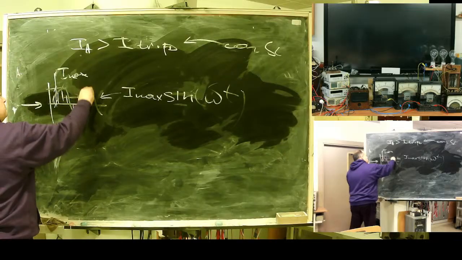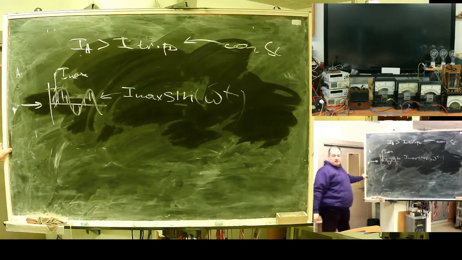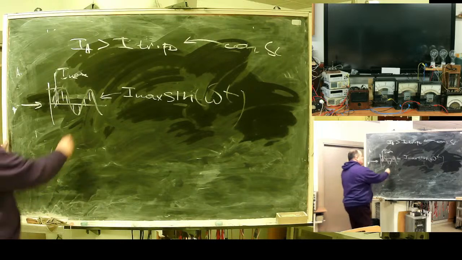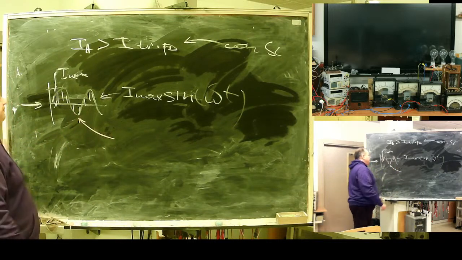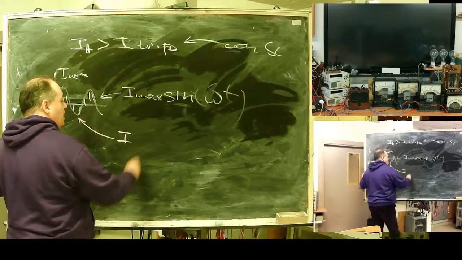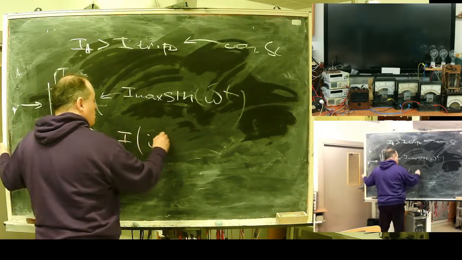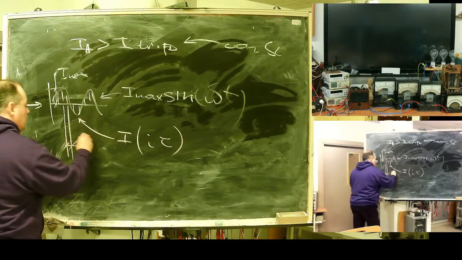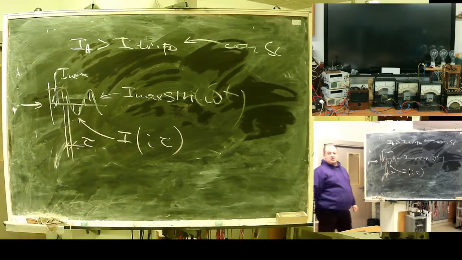We perform analog filtering and ADC conversion. This one is current as a function of i tau, where tau is the sampling interval.